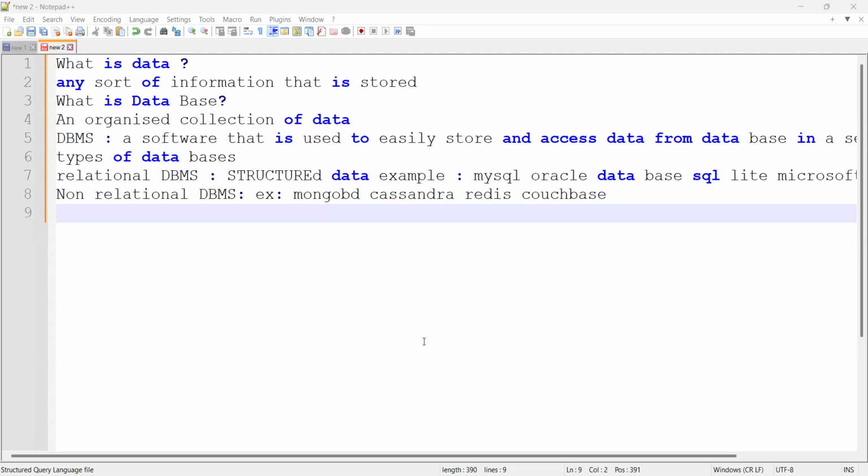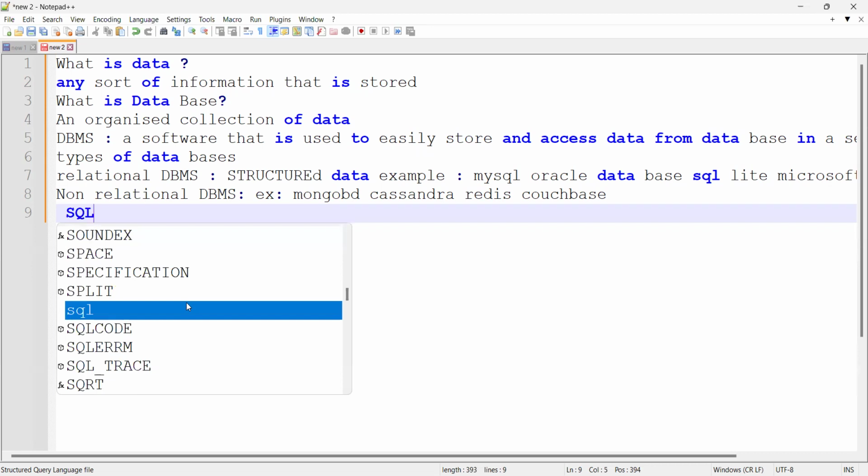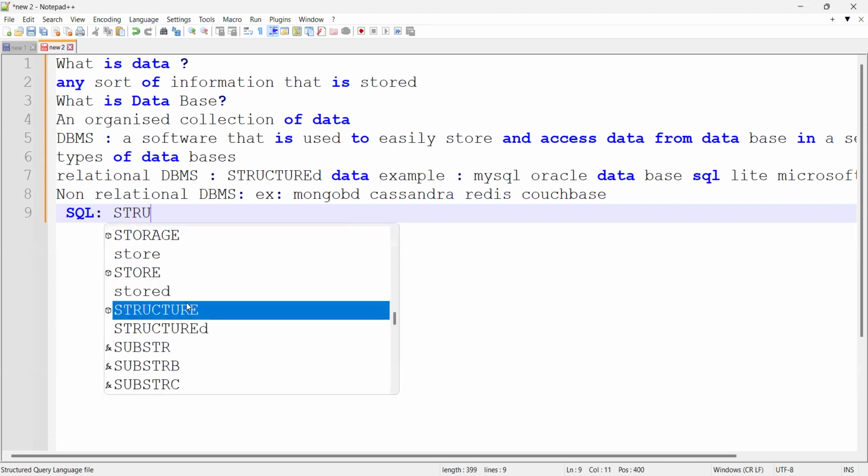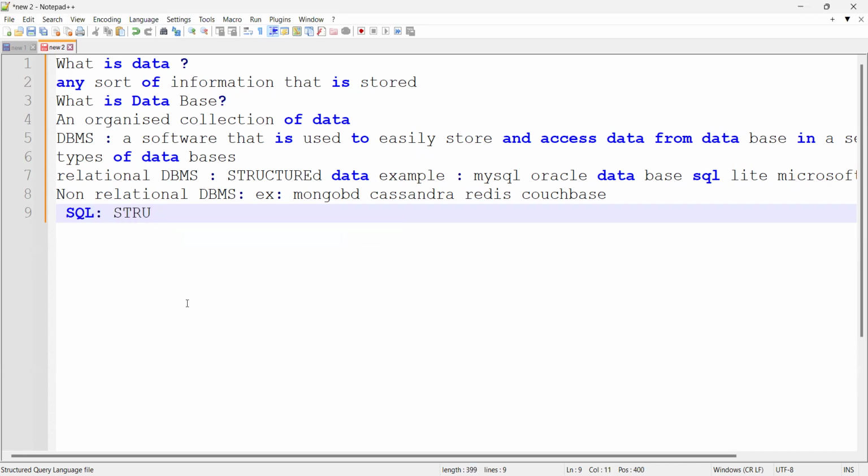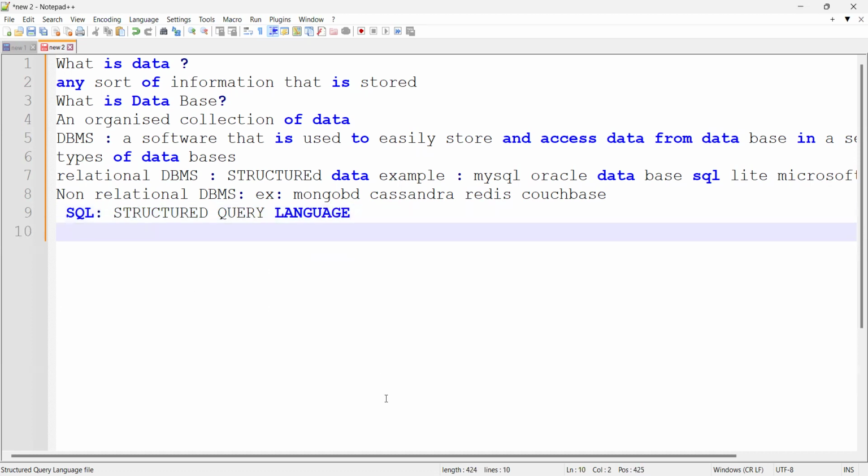What does SQL mean? Structured Query Language. We are dealing with SQL.